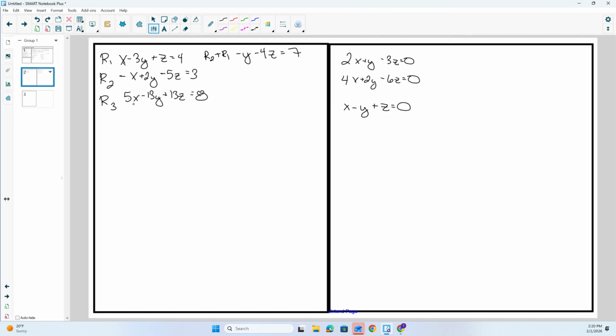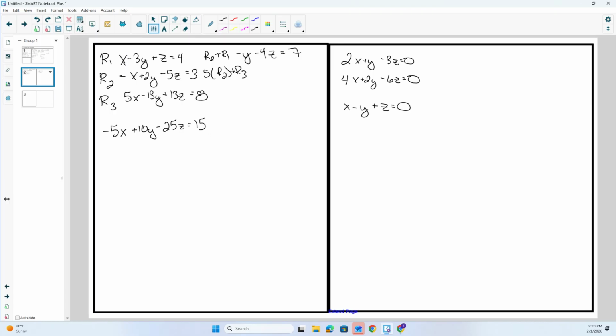Now just adding negative x to 5x doesn't cancel it, so I have to multiply that by 5 first and then add it to R3. Now I'm just going to do an extra step here. So I'm going to first do R2 by 5. So it gives me negative 5x plus 10y minus 25z equals 15.